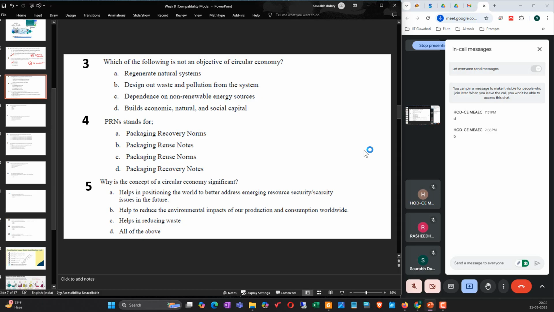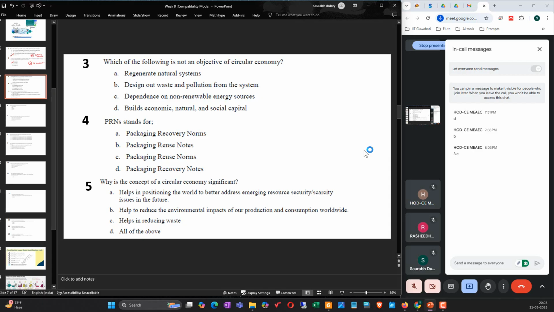Option A is regenerate natural systems. Option B is design out waste and pollution from the system. Option C is dependence on non-renewable energy sources. And option D is build economic, natural and social capital. Which of the following is not an objective of circular economy?